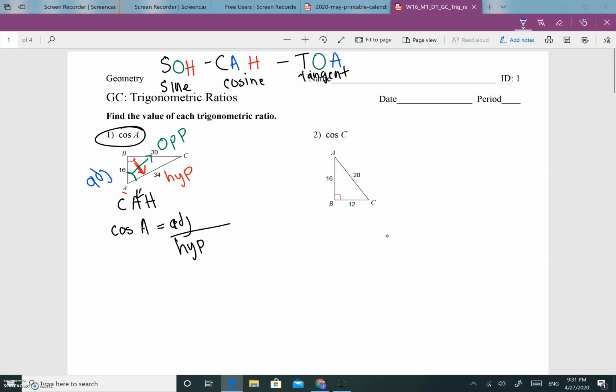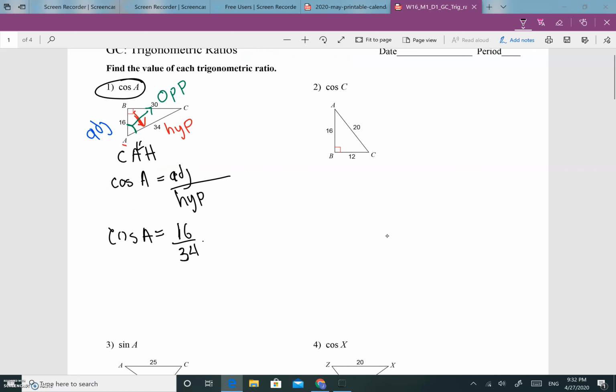So 34 is going to go here, and then adjacent, which is 16, is going to go on top. So let's use black. So the answer, cosine of A, is going to be equal to 16 over 34, right? So 34 is my hypotenuse and 16 is my adjacent.